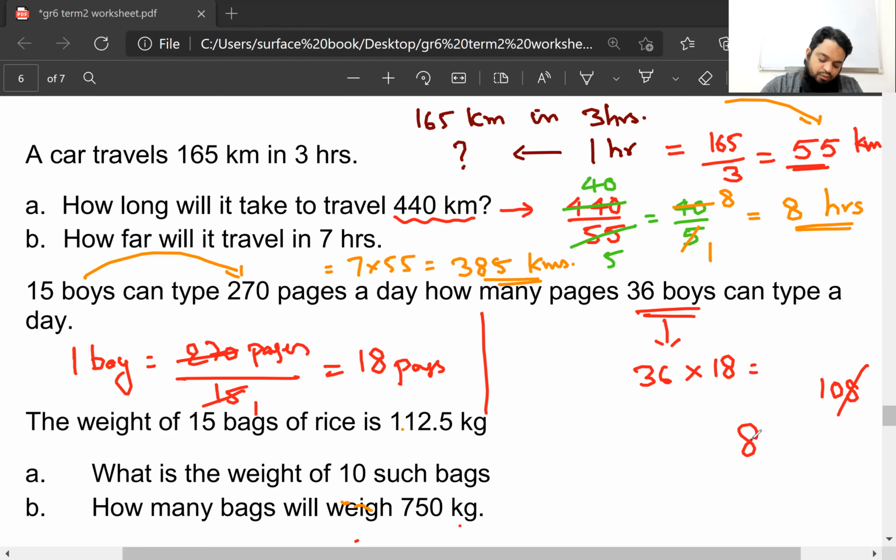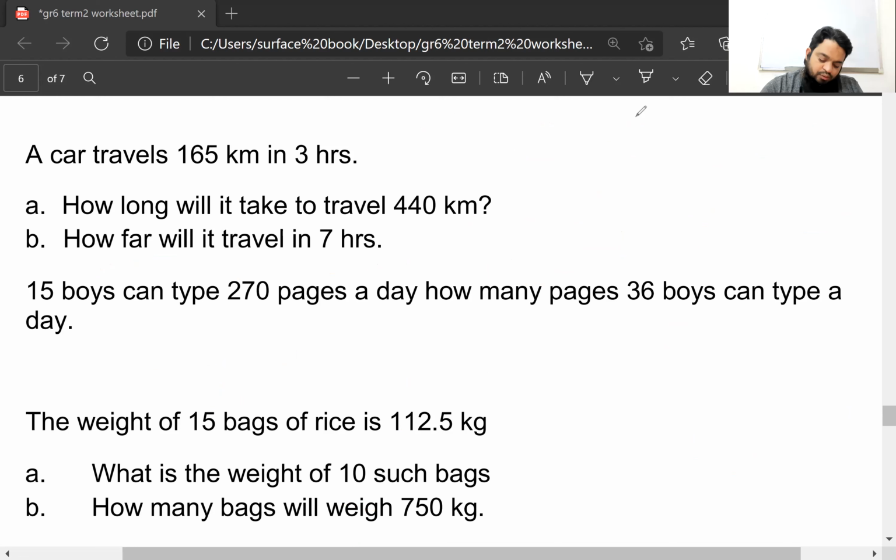Let us bring it down. So now 18 threes are 54. 54 plus 10, it is 64. So how many pages can they type? 648 pages. I hope you got it right. So with this, let us complete part 2.